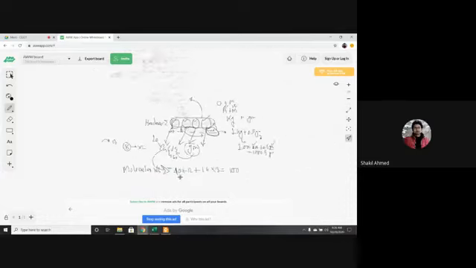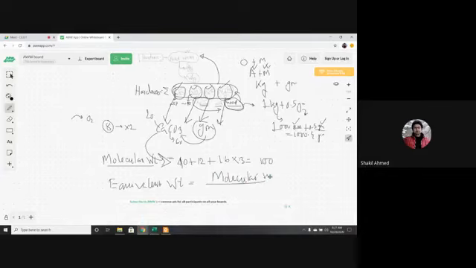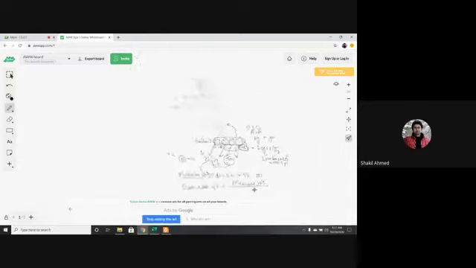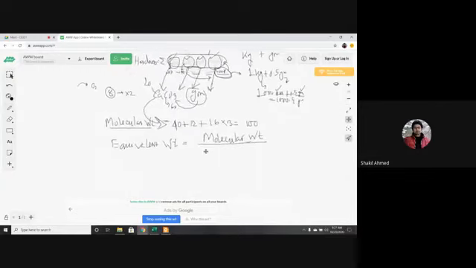Now what is equivalent weight? There's the molecular weight. What is the equivalent weight? Equivalent weight is actually molecular weight divided by valence.